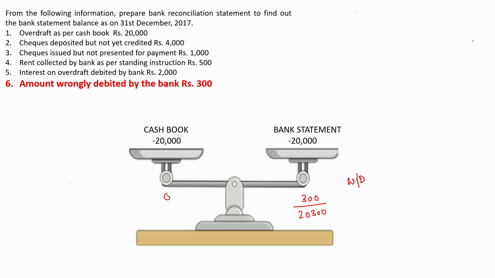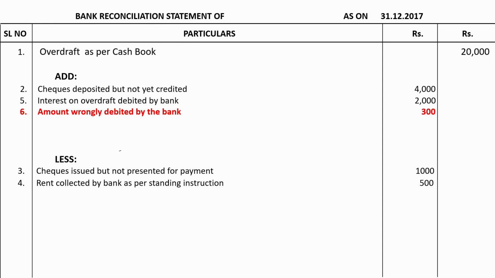In the cash book, overdraft is still 20,000. To make this equal, we have to add rupees 300 in the bank reconciliation statement. Amount wrongly debited by bank, rupees 300, is shown as an addition item.